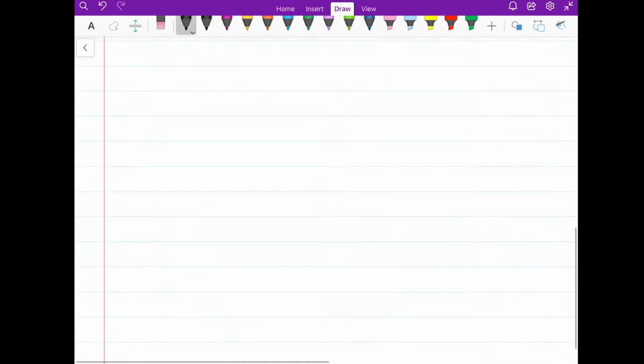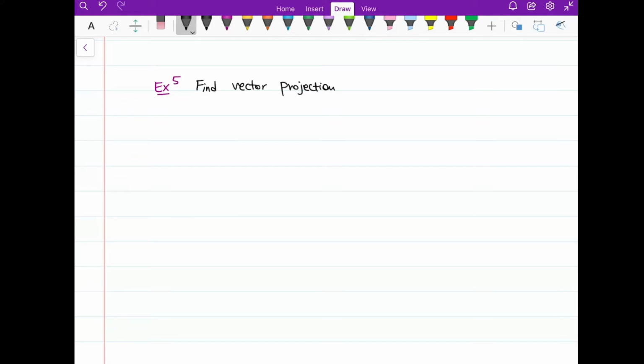Okay. Another example, example 5. Find the vector projection of the vector u, which is 6i plus 3j plus 2k, onto the vector v, which is i minus 2j minus 2k.